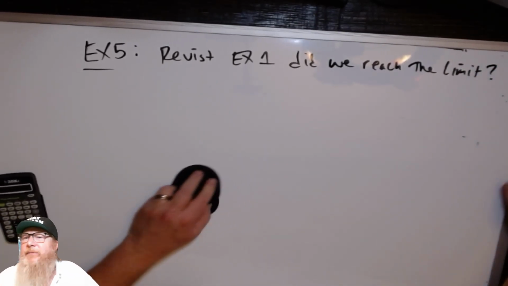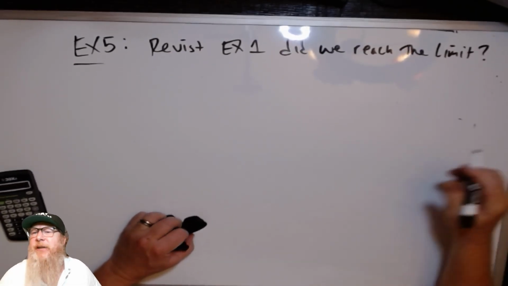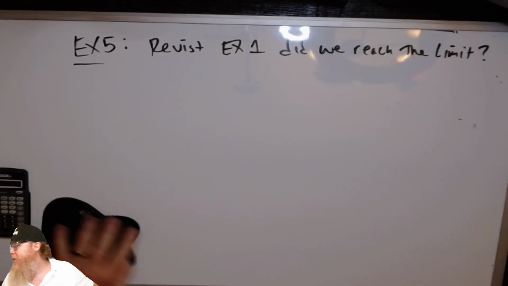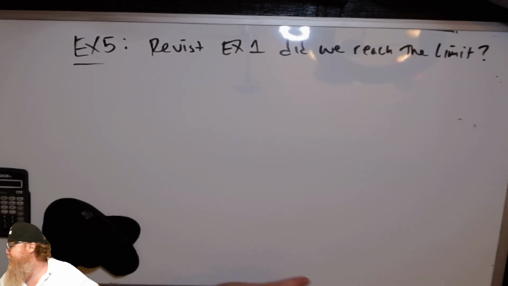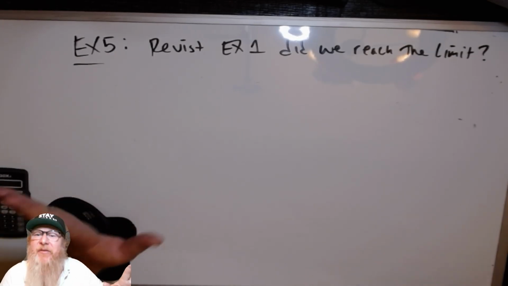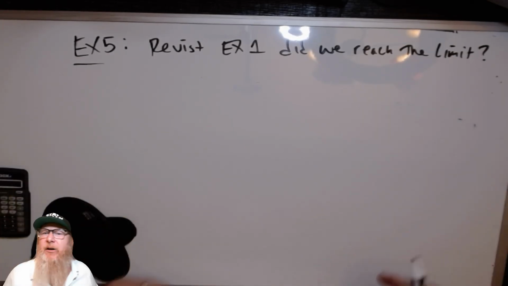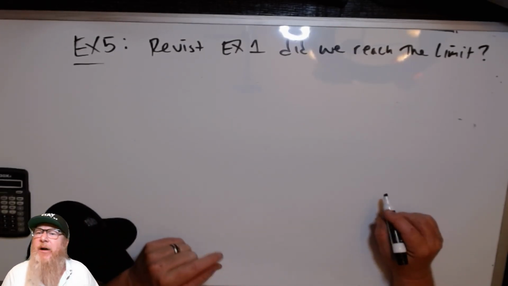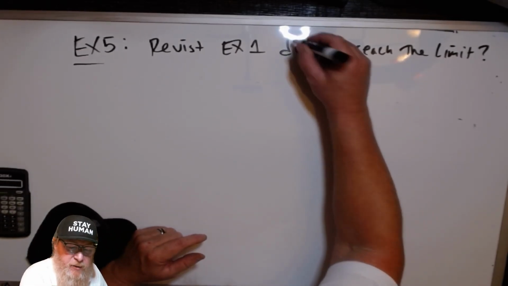Did we actually reach the limit that we predicted? I've already erased it, but I think it was $9,577.74 or something. Or I got to 75 cents, right? Unfortunately, I did already clear my board and I didn't write it down anywhere else. But you probably have it. If not, you can rewind and see if we actually reached the limit.